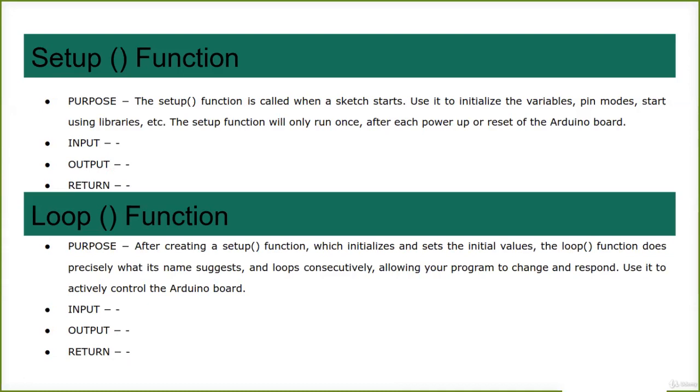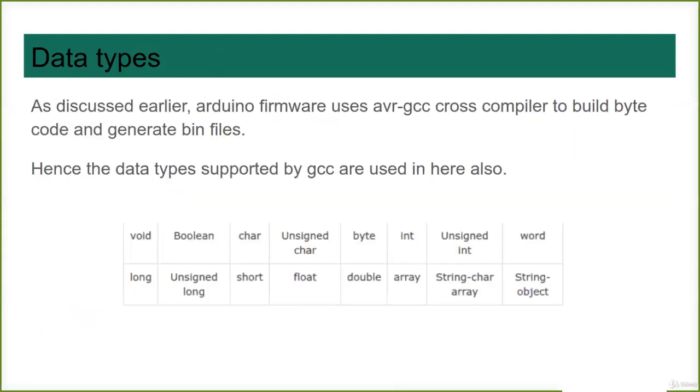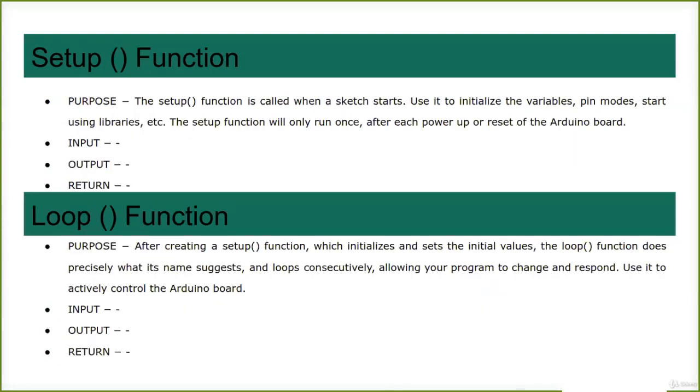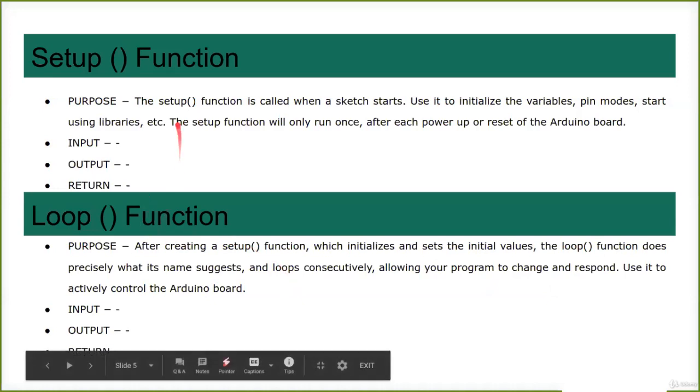Suppose we want to interface something, and we want that thing to happen continuously. We put it inside void loop. So that is the basic functionality of having a void setup and a void loop.